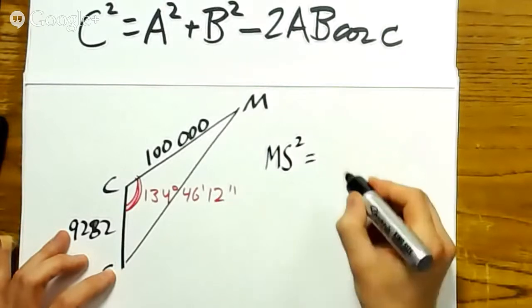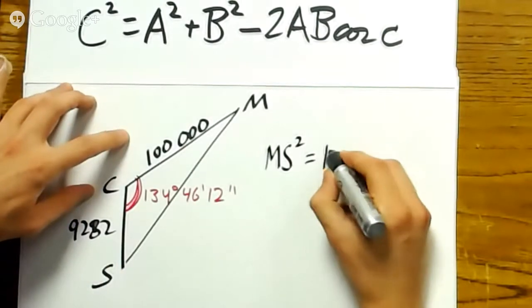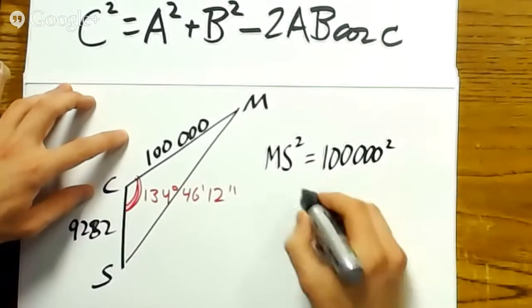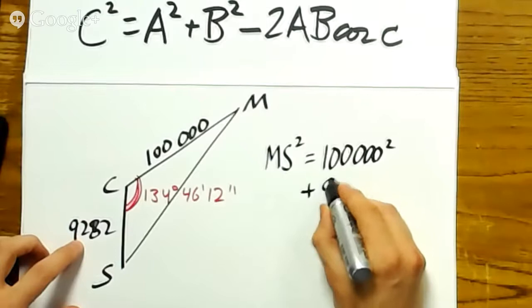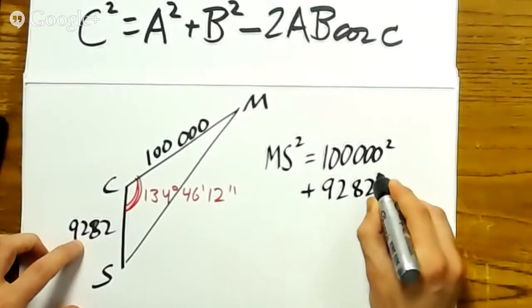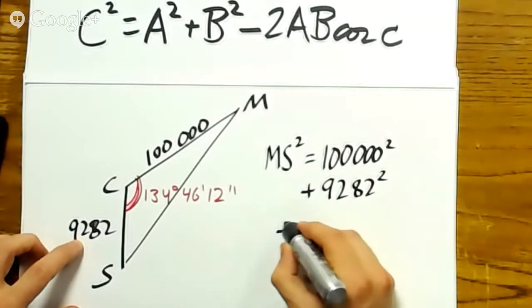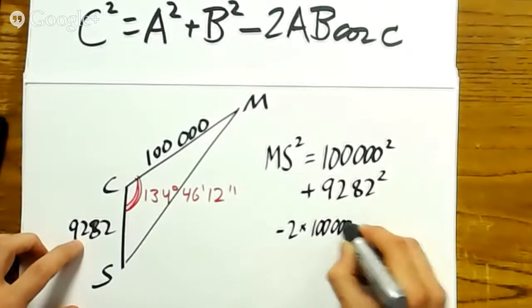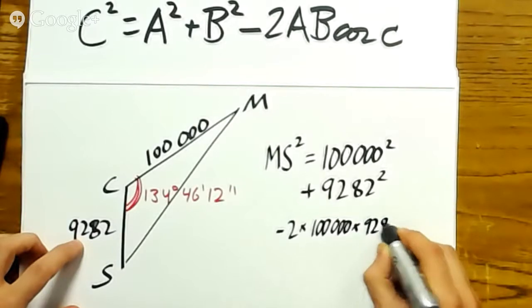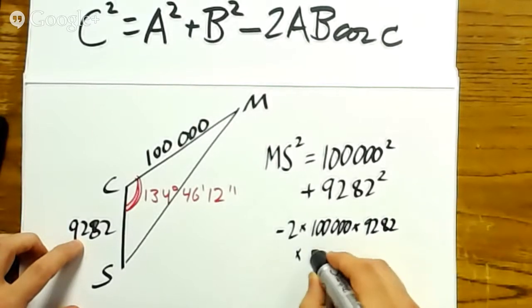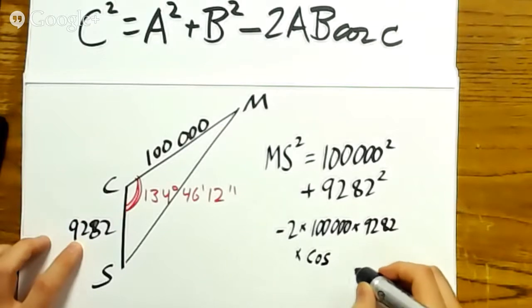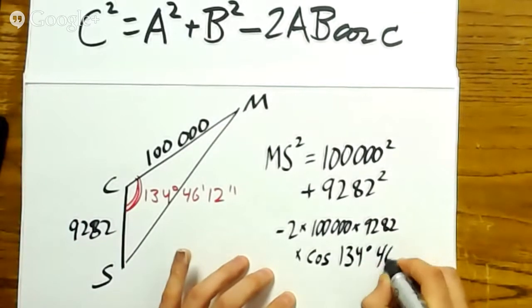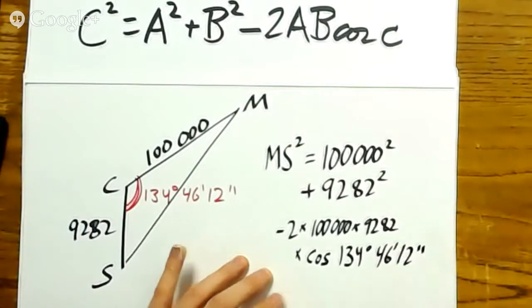So we can write MS squared equals 100,000 squared plus the other side squared minus 2 times 100,000 times 9282 times the cosine of 134.4612.